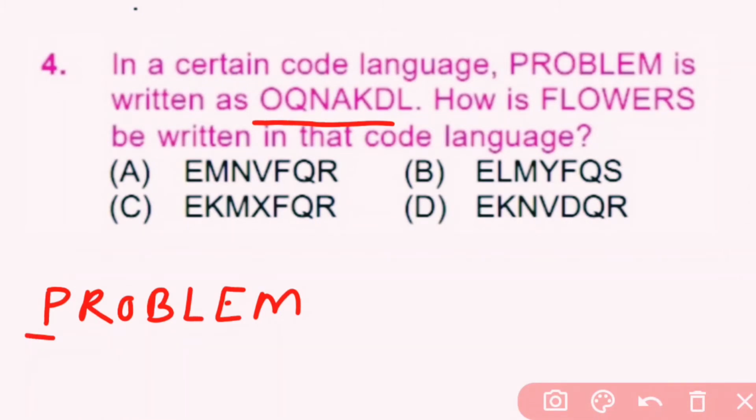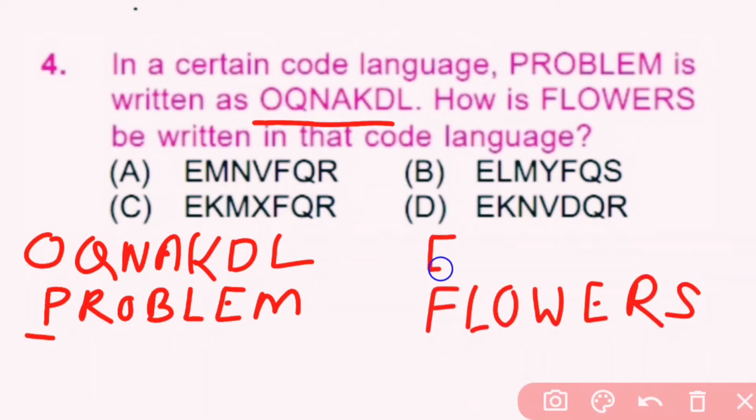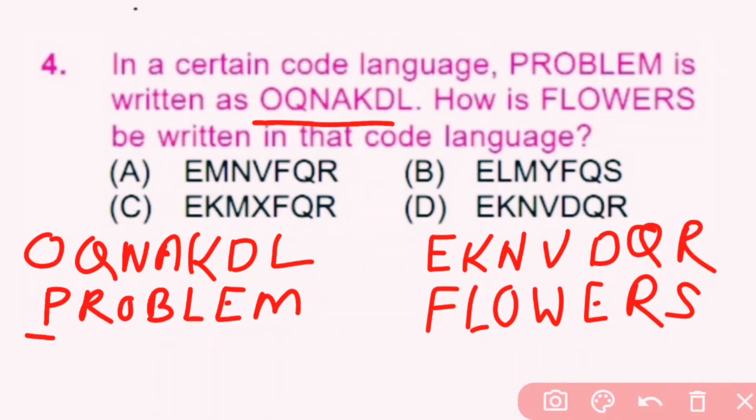So P, O is previous letter, for R, Q is previous letter, for O, N is previous letter, for B, A is previous letter, K is previous letter, D is previous letter for E and L is previous letter for M. So for flower, here E, F, K, L, N, O, V, W, D, E, Q, R and R, S. So D is correct answer.